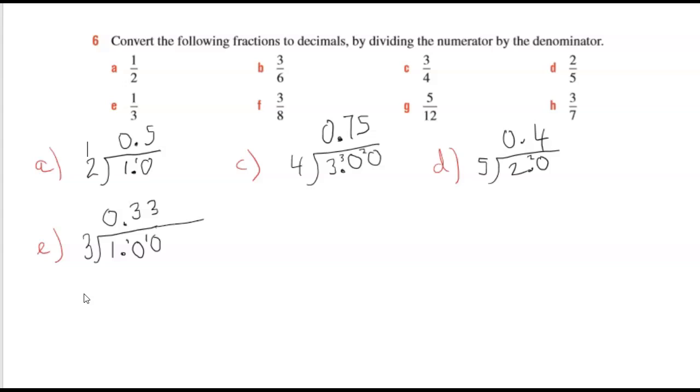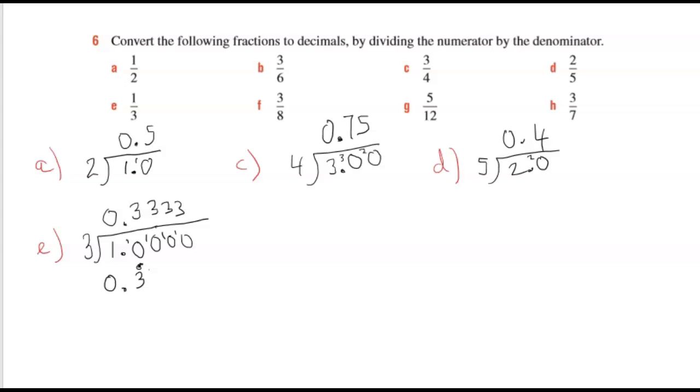And if you didn't know already, we're going to have 0.33333. It's going to keep recurring. So you can write that as 0.3 with a little dot on the top, which will just indicate that that 3 continues.